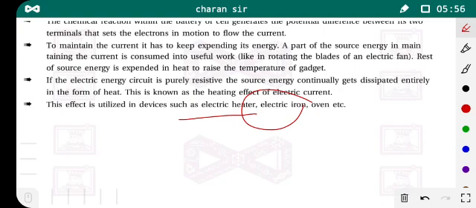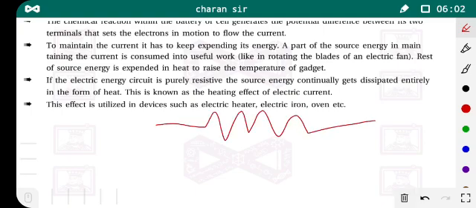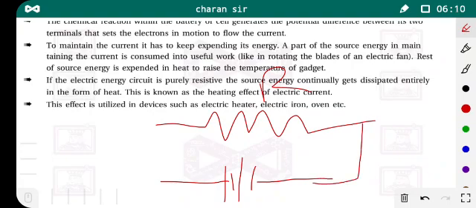What is the heating effect of electric current? When we connect a conductor or resistor, suppose in a purely resistive circuit, with a battery, part of the battery's energy can be used for useful work, like rotating the blades of an electric fan, but most of the electric energy of the source is expended in the form of heat. How is this heat produced?